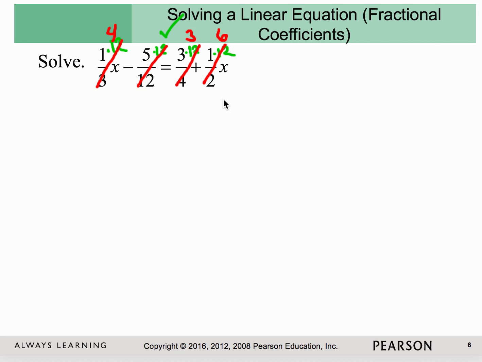So now when I go back and look at what I actually have for a problem, I have 1 times 4x. In other words, 4x minus 5, nothing else, minus 5, equals 3 times 3, plus 1 times 6, and don't forget the x.